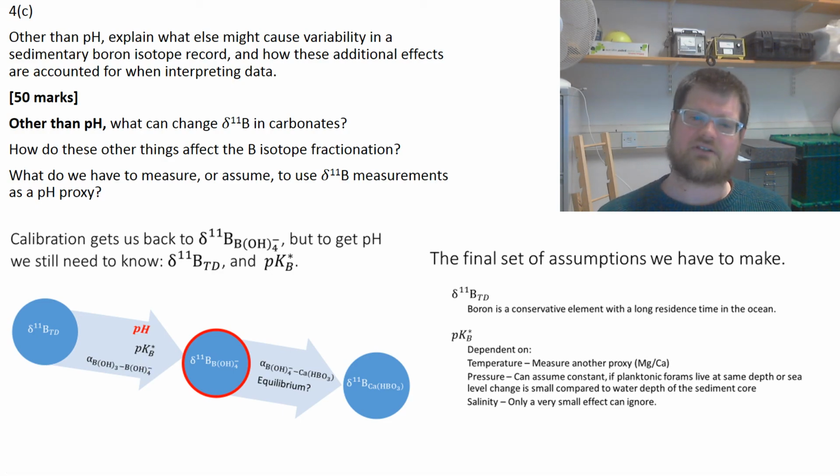So we would need to measure another temperature proxy, maybe magnesium calcium or strontium calcium or oxygen isotopes or alkenones, something that gives us an estimate of past sea surface temperature, or at least the seawater temperature in which that carbonate was precipitated. So we have to do empirical calibrations to get back from this step to this step here. We assume that this doesn't change, and we account for the temperature dependence by measuring another proxy for temperature.